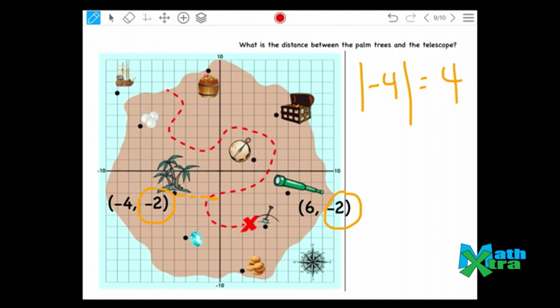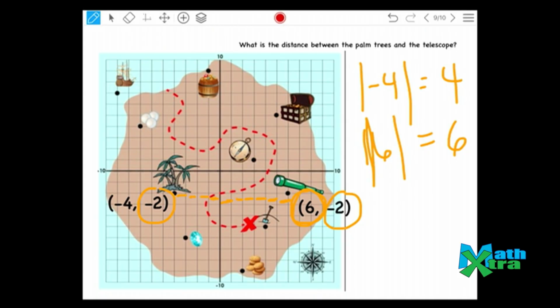It's 4 units from 0. And then on this telescope right here, we know that it is 6 away from 0. 1, 2, 3, 4, 5, 6. So the absolute value of 6, or how far from 0, is 6 units from 0.